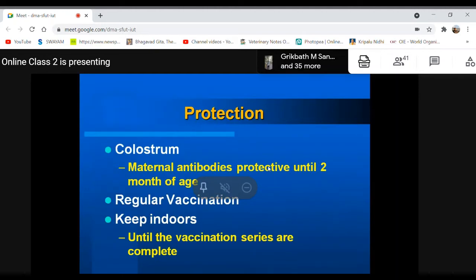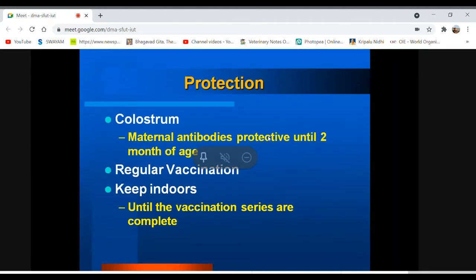Then so far as protection is concerned, puppies suckling milk from the mother, mostly the colostrum, receive maternal antibodies. That's why young puppies have protection until 2 months of age, a maximum of 2 months.